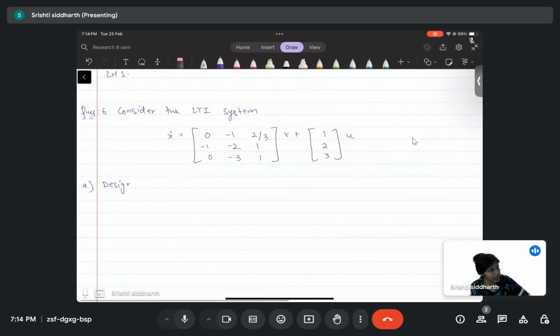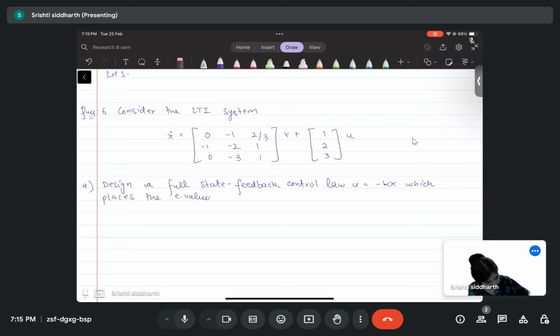So the first part is to design a full state feedback control law u equals minus kx, which places the closed loop poles at minus 10 and the complex conjugate pair minus 10 plus or minus 5j.